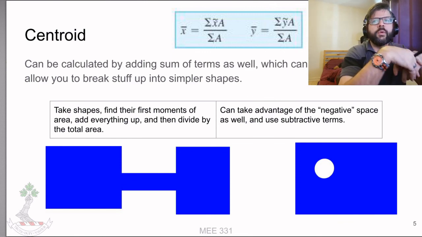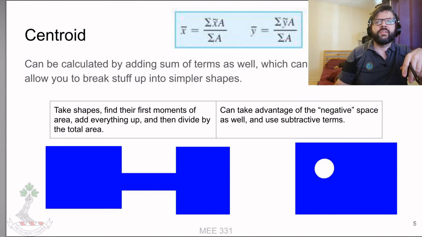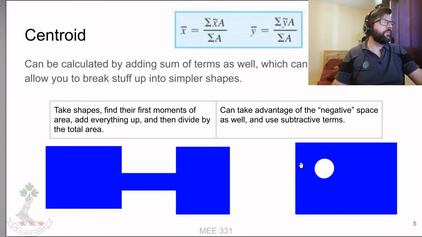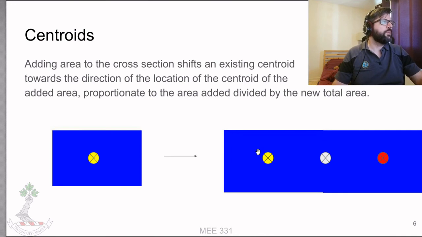Which again, when we're removing objects, works out to the same thing as this entire thing minus that, instead of trying to figure out the centroid for this section minus that directly, which would be a pain. So you get a shift proportionate to the area divided by the new total area.